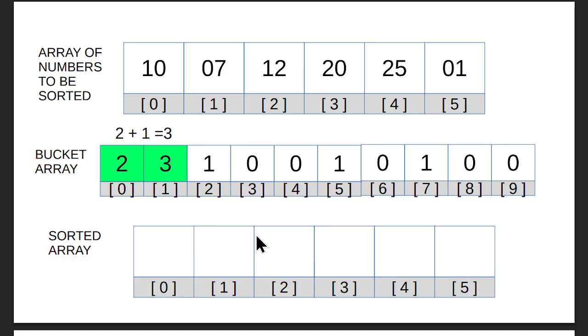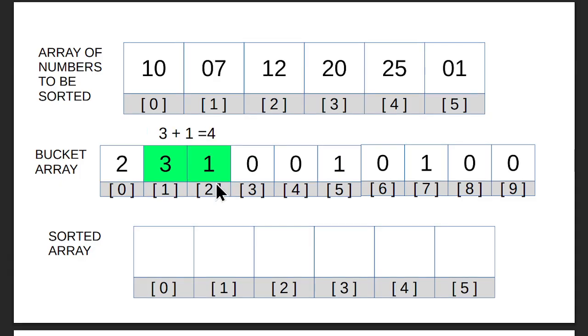Okay. Now 3 positions are already occupied here, 2 by these 2 digits and 1 by this one. So the next number has a least significant digit of 2. There's only one number with the least significant digit of 2, which is 12. So that would occupy the fourth position.